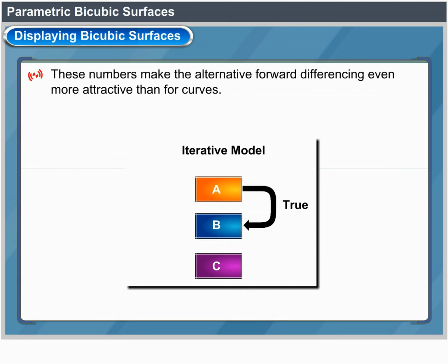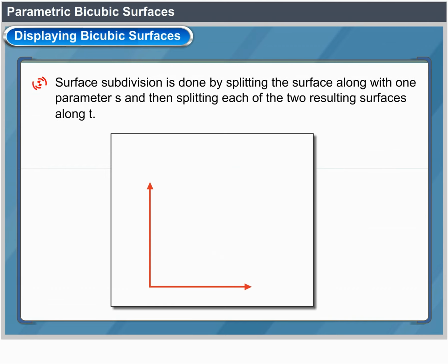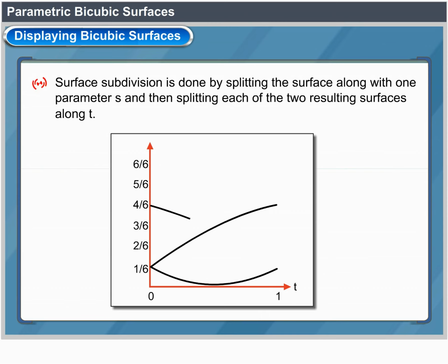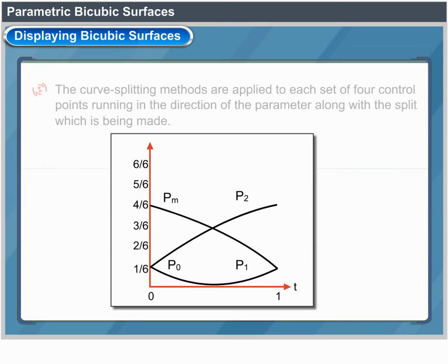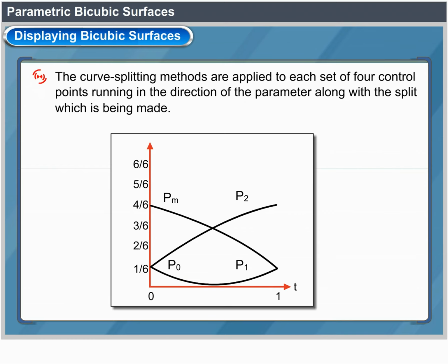Surface subdivision is done by splitting the surface along one parameter, say S, and then splitting each of the two resulting surfaces along T. The curve splitting methods are applied to each set of 4 control points running in the direction of the parameter along which the split is being made.